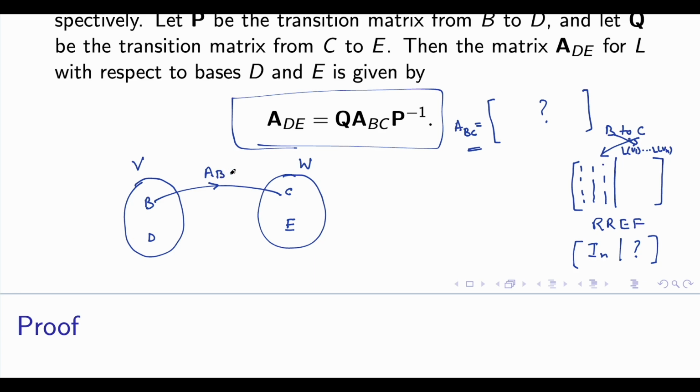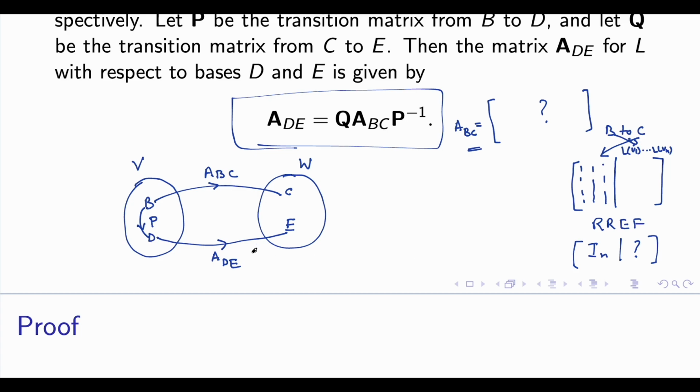So now what exactly has happened? A_BC. Now similarly, A_DE you can also figure out. Now the question is, we know the coordinatization from B to D. Let's say P is the transition matrix from B to D, and you know how to calculate B to D already from the coordinatization.